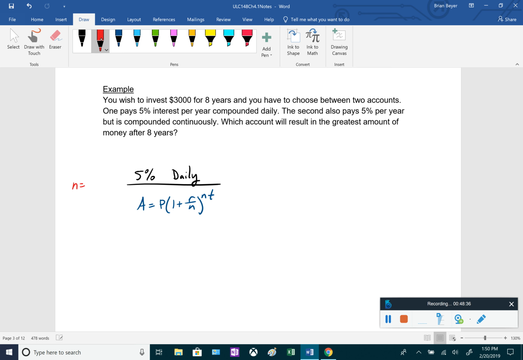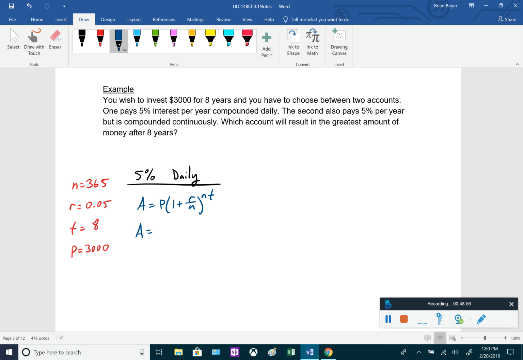Daily means we have 365 compounding periods. R is 0.05 for the interest rate. T, the number of years, is 8. The principal, the original investment, is 3,000.